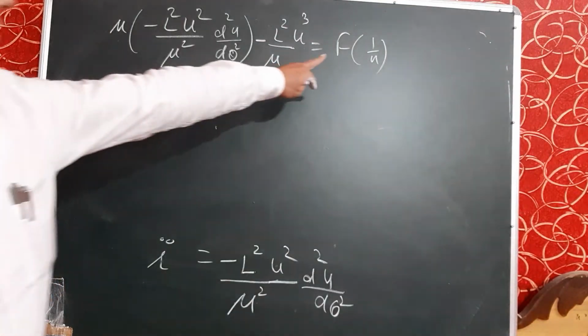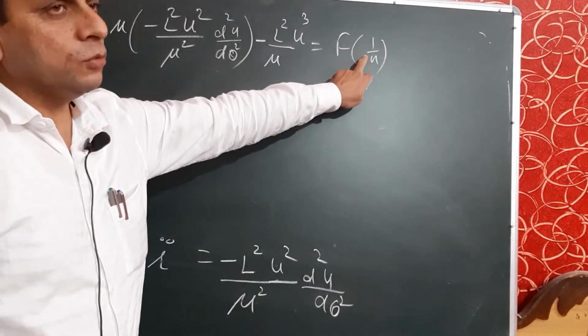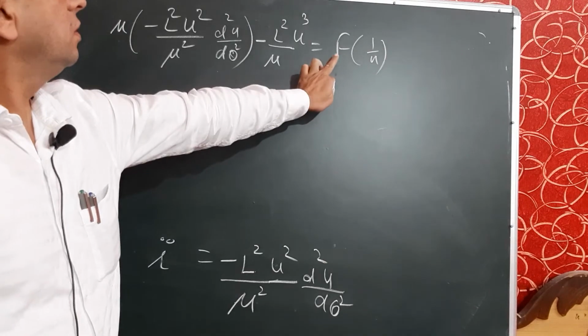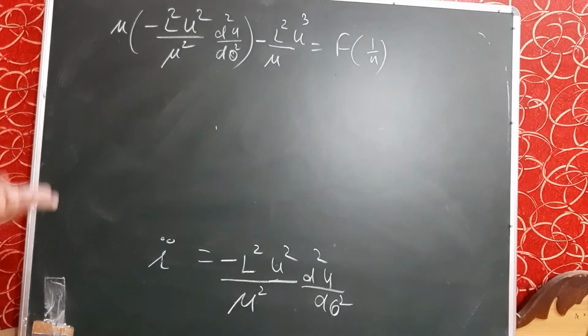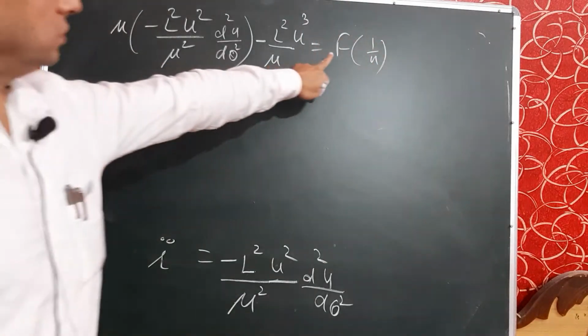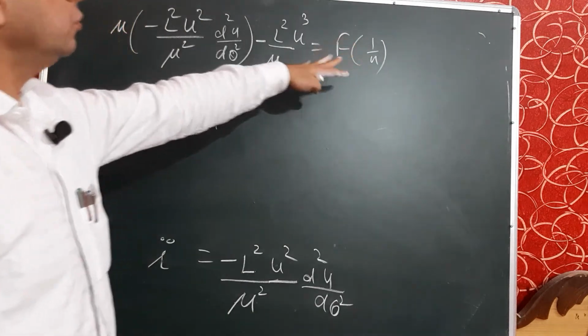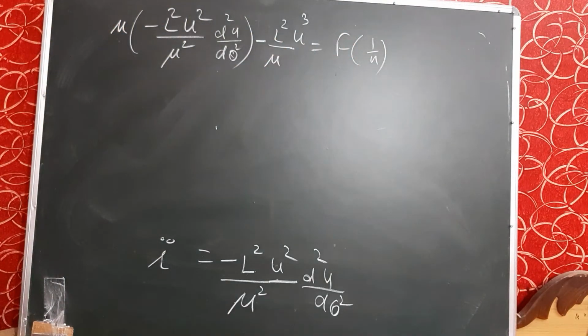So f is a function of 1 by u, or it may simply be written as f is a function of u only. In some books this force is written as f of u, not 1 by u. Both have the same meaning.